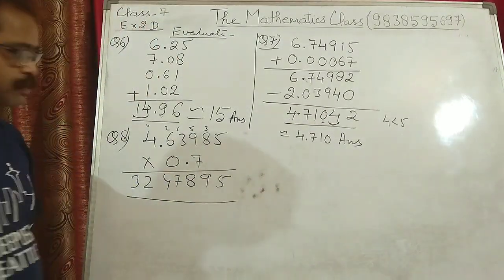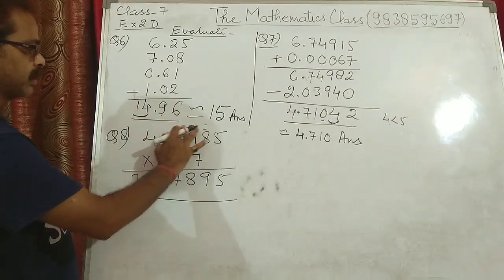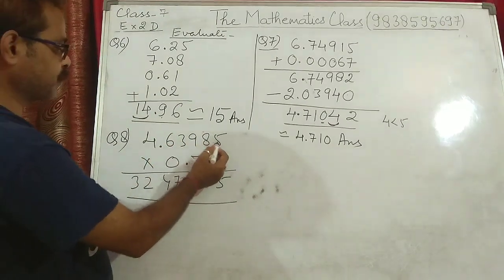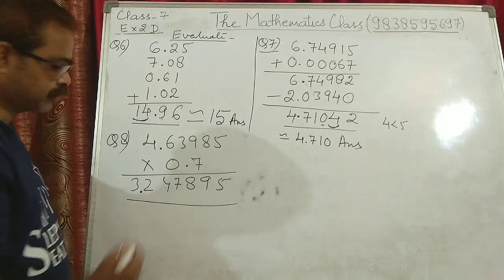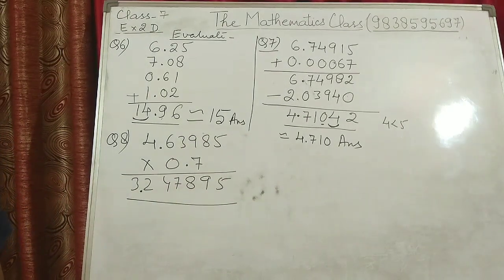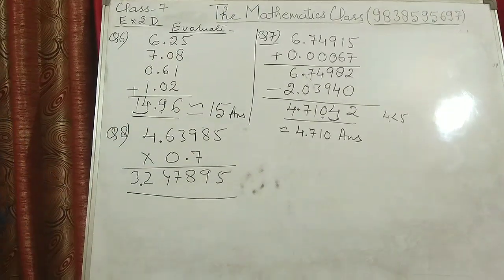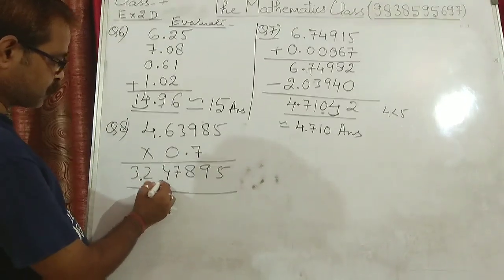Now where to place the decimal? We will count all the decimals and add. So 1, 2, 3, 4, 5, 6. The result is 3.247895. You have to write it correct up to 3 decimal places. So 1, 2, 3.